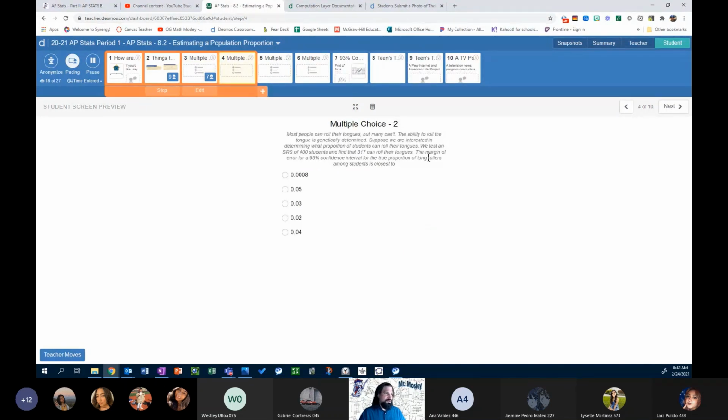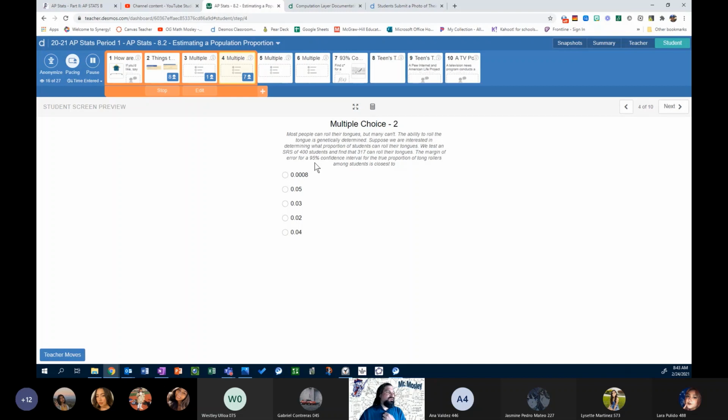The second multiple choice involves calculation. Right? Most people can roll their tongues, but many can't. The ability to roll the tongue is genetically determined. Suppose we are interested in determining what proportion of students can roll their tongues. We test an SRS of 400 students and find that 317 can roll their tongues. So we do have a sample proportion. We have p hat for this scenario.